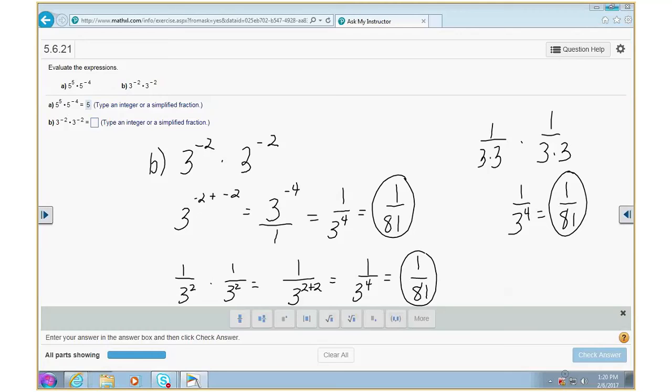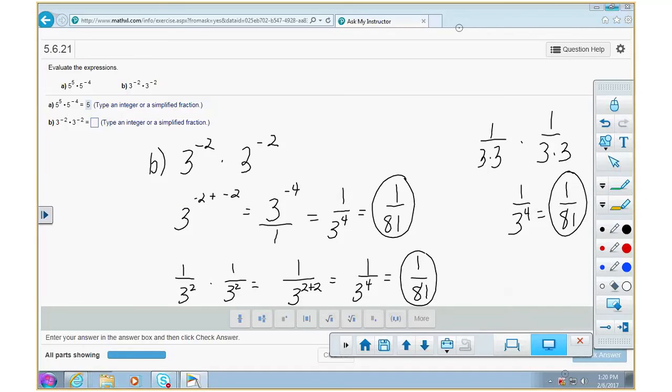Okay, so that's that one. So far, these are all possible test questions, because a lot of your questions are going to come from 5.3 and 5.6. 80% of your test questions are going to come from 5.3 and 5.6.